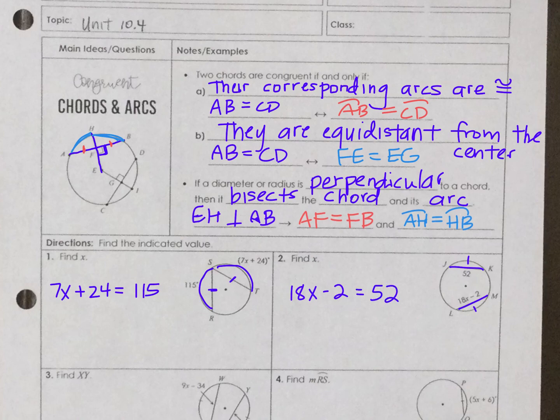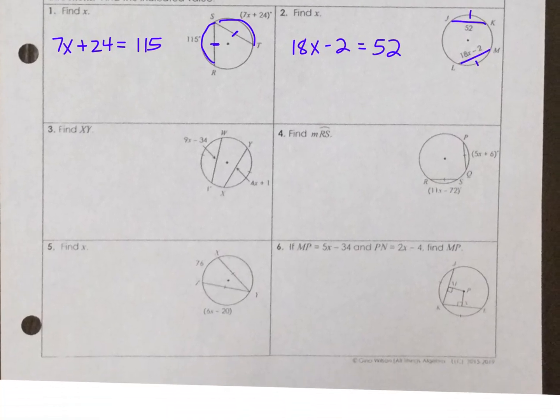We're not solving these, we're just working them out. Okay, what about this third one? I know that these arcs are the same, which will tell me that these two chords are the same. So I would say that 9x minus 34 is equal to 4x plus 1. If you were to work that out, you would end up with x equals 7.